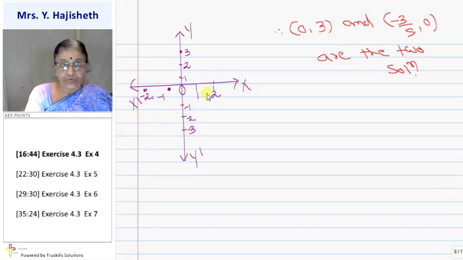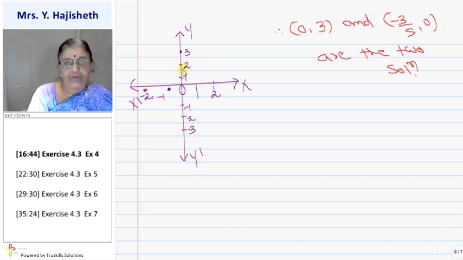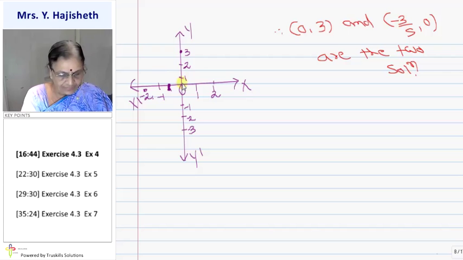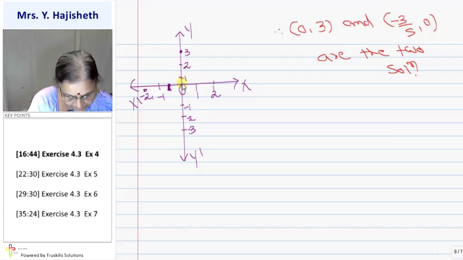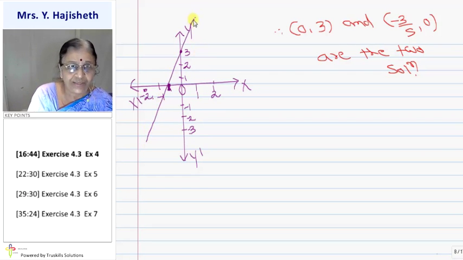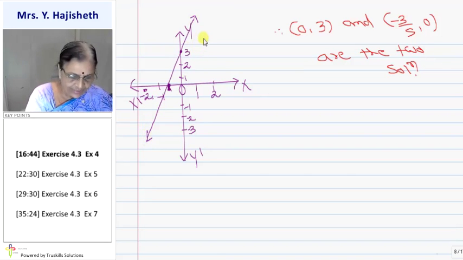Now I have to plot two solutions as 2 points in a plane. So (0, 3) is on the y axis, so it is here. Okay, this is one of the points. And (-3/5, 0) means -3/5 lies between 0 and -1. It is somewhere here. Clear? Now join them. So this is the graph representing this relation, y is 5x plus 3.